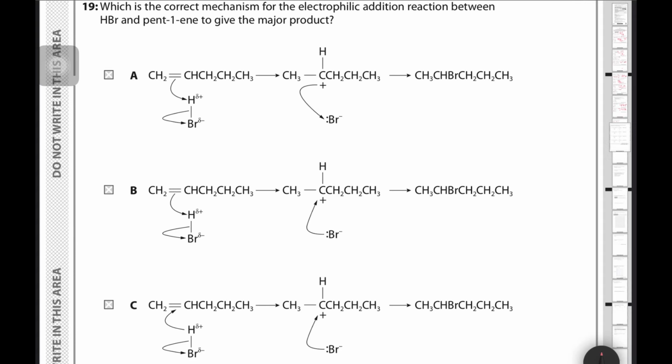Okay. Now in this mechanism, the arrows play the major part. So you have to get the correct mechanism between HBr and pent-1-ene to give the major product, right? If you look at option A, you will notice that the arrow is coming from the carbocation to the bromide. So this is wrong. If you look at B, B looks correct to me.